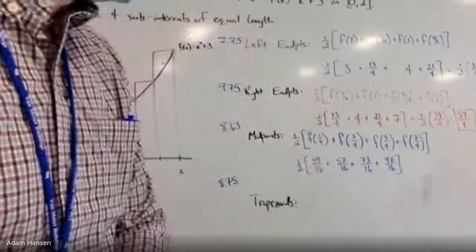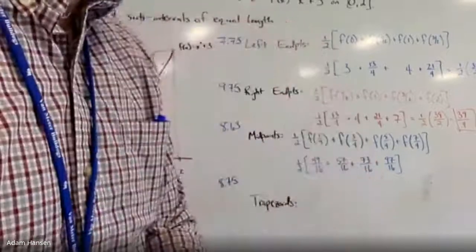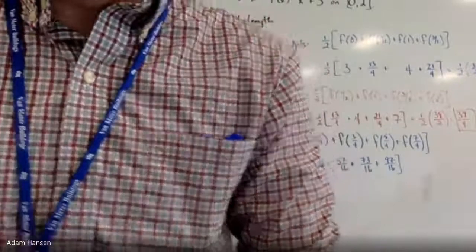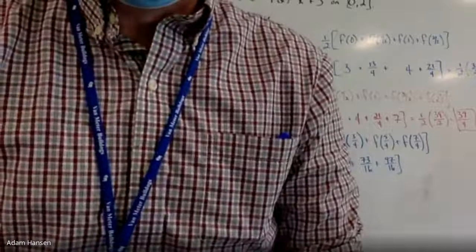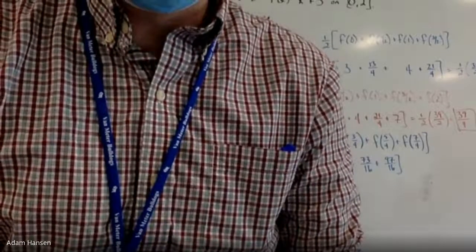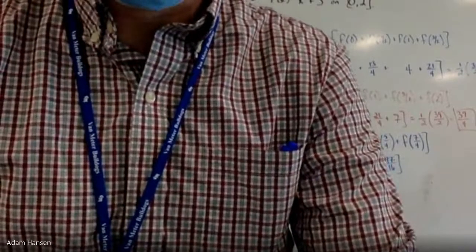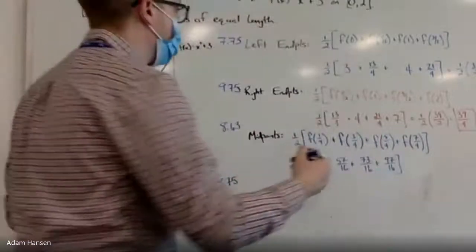Adding all those up, 49, 57, 73, and 97 is 276/16, reducible down to 69/4.